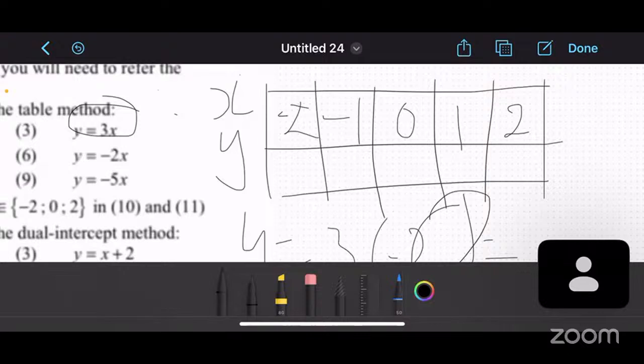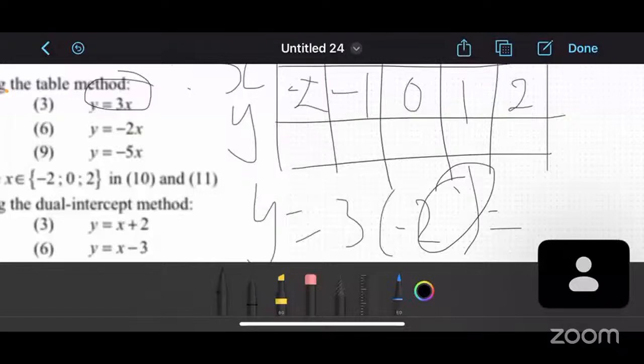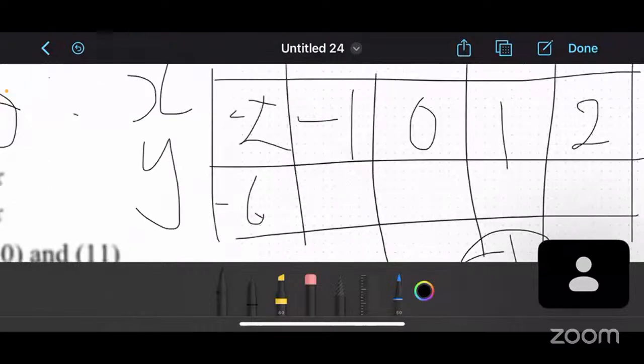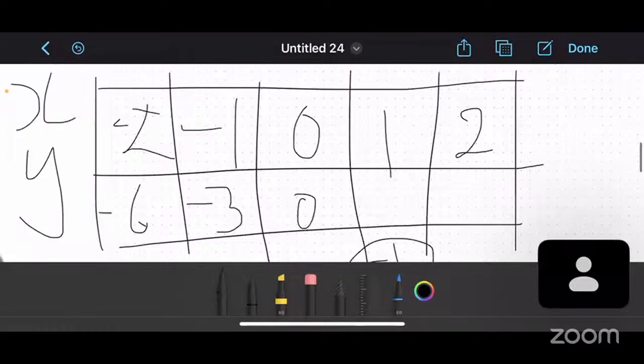Now our x is -2. Our y is going to be 3 multiplied by -2, which is -6. And then for this one, it's going to be 3 multiplied by -1, which is -3, then 0. 3 multiplied by 1 is 3. 3 multiplied by 2 is going to be 6.